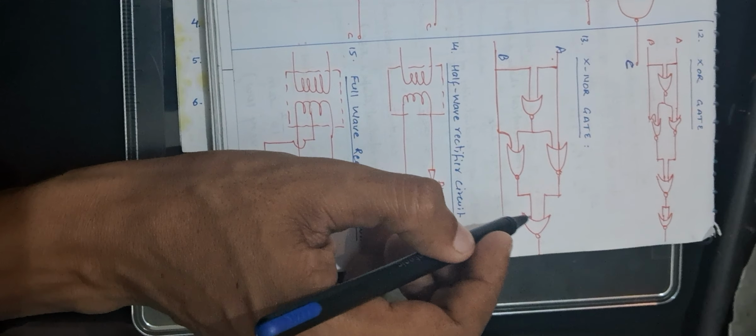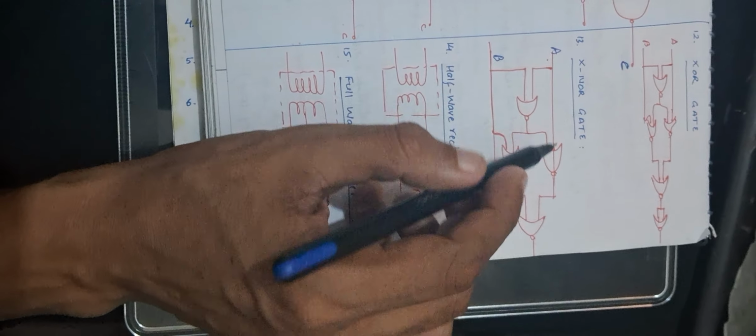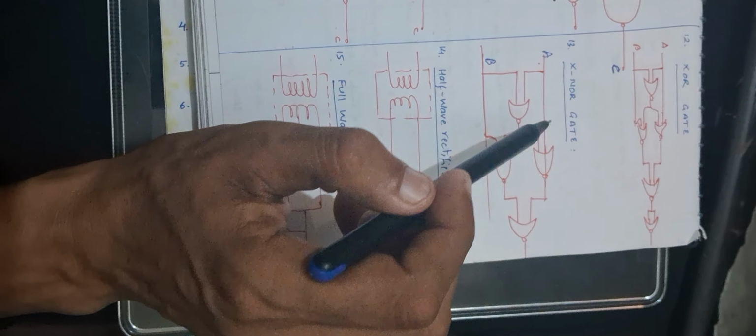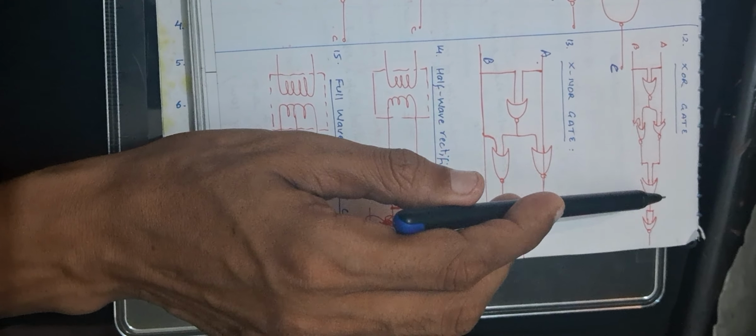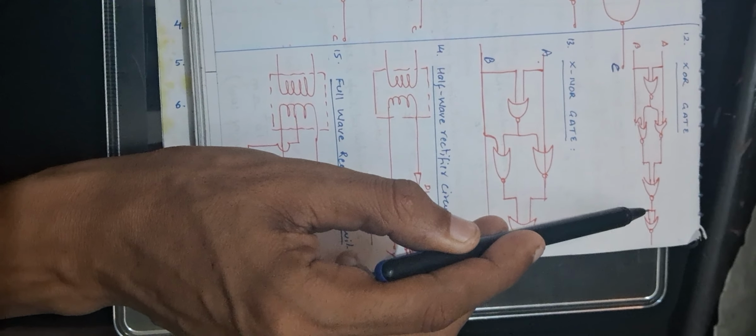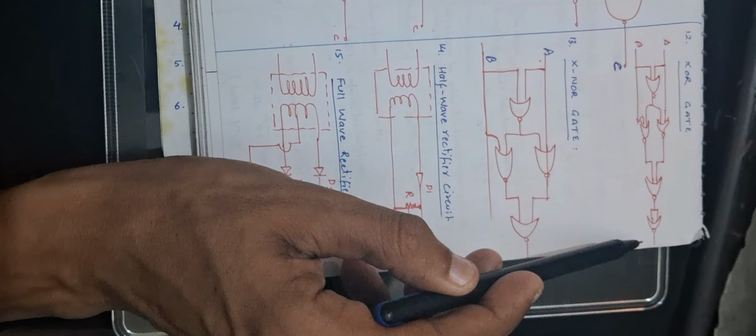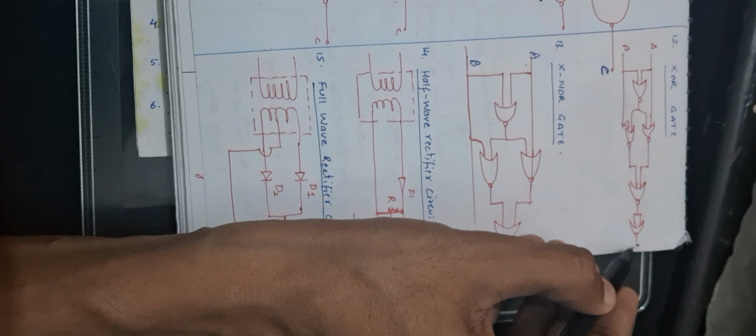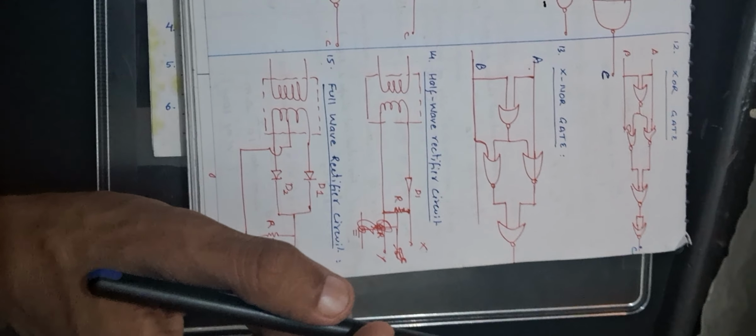Both outputs should be given to the fourth gate, and that will correspond to XNOR. And using this circuit, we can make this XNOR plus NOT gate, so the final output will correspond to the XOR gate.